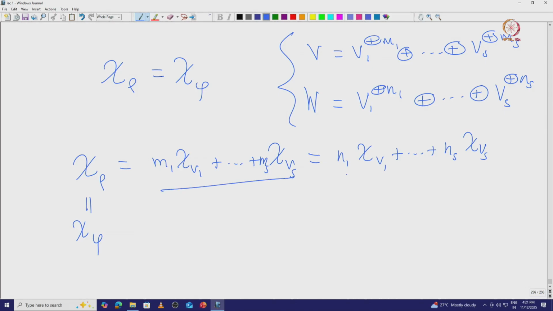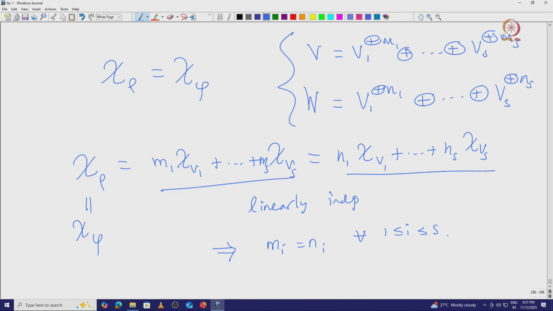But again using linear independence, we get that Mi should be equal to Ni for all i.